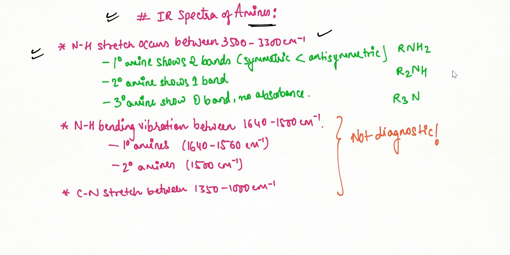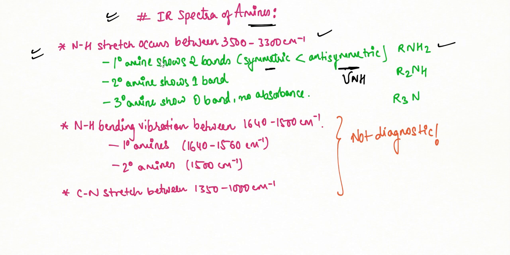And guys, don't forget, primary amines are going to show symmetric as well as antisymmetric stretching, and definitely the antisymmetric stretch is going to have a greater frequency value as compared to the symmetric stretch.